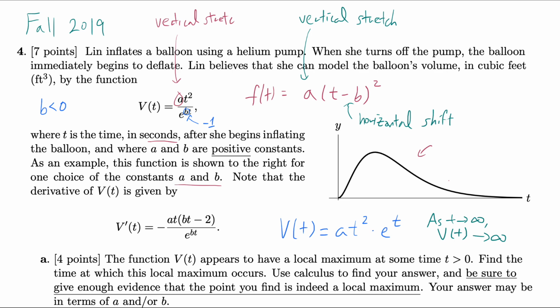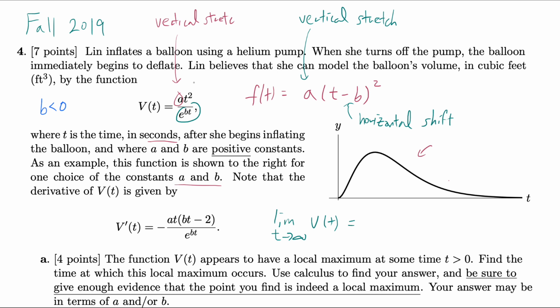Whereas if b is positive like they tell us, then when we take the limit as t goes to infinity of V of t, below, because b is positive, you have exponential growth. Top, t squared is also blowing up to infinity, but this is polynomial. And if you compare polynomial versus exponential, exponential grows way faster.